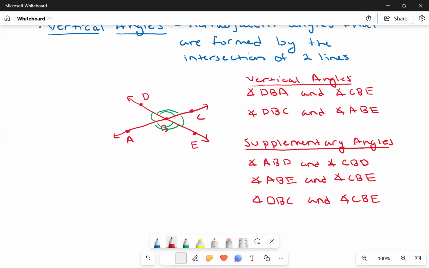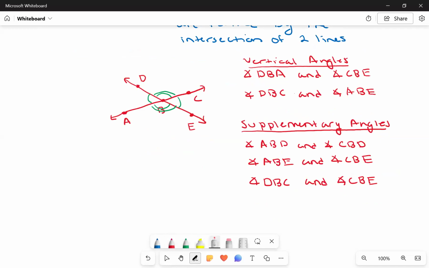And then lastly would be this line right there. So that is angles DBA and angle ABE. And there you go. Supplementary angles.